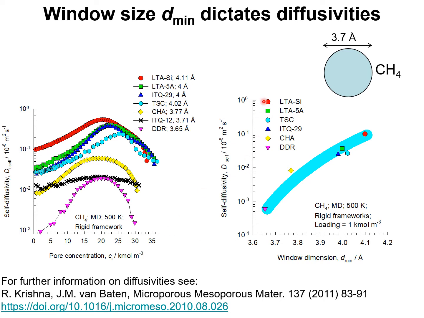So by appropriate choice of the cage type zeolite, we can manipulate the selectivity values for mixture diffusion.